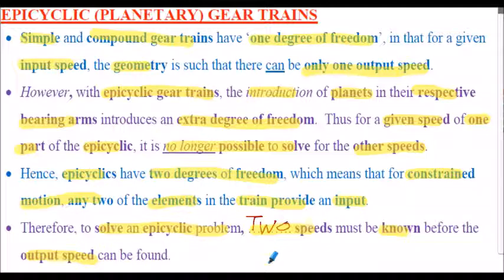If you think back to all what we've done so far, the gears were spinning on shafts that were stationary. Now you've got a situation where gears are spinning on shafts that are actually rotating in a circle themselves, or they could be rotating. So you can see there's a slight complication there that we haven't had before in the previous exercises we looked at, and that's where the 2 degrees of freedom starts to come into play here.